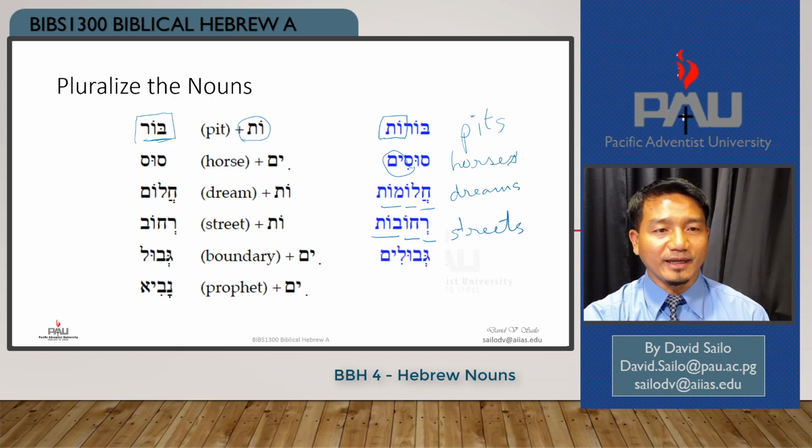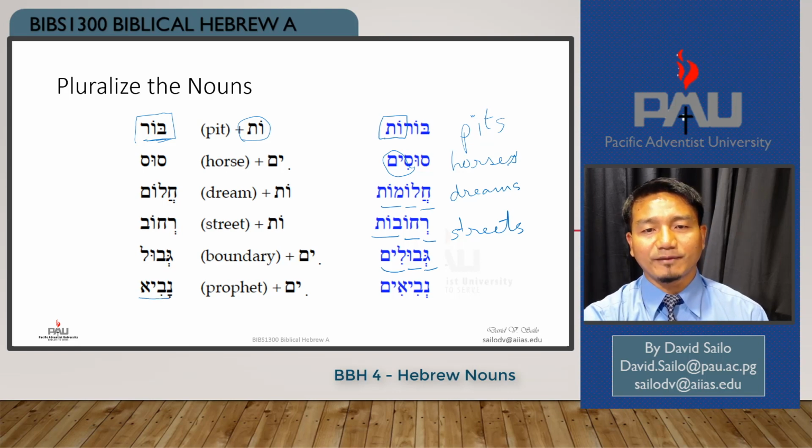Let's look at this one again. Gevul, boundary. And we just add gevulim, so we make it into a plural, right? Boundaries. How about navi? Yes, this is navi, a prophet. If you want to talk about lots of prophets, we have nevi'im. So we have prophets.